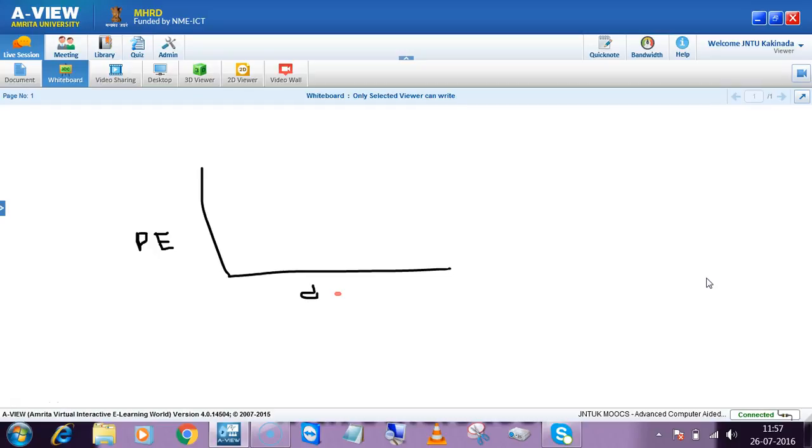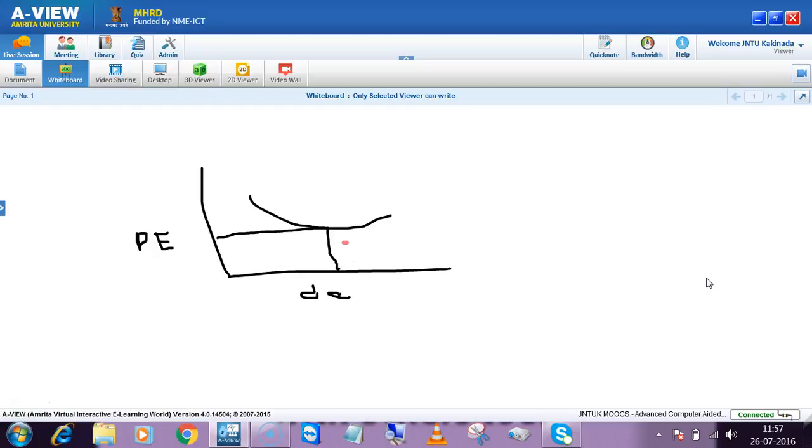When I draw potential energy versus deflection or deformation, the minimum potential energy happens at this point, at this deflection.